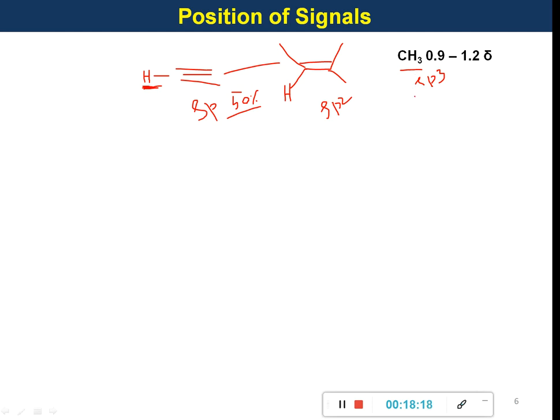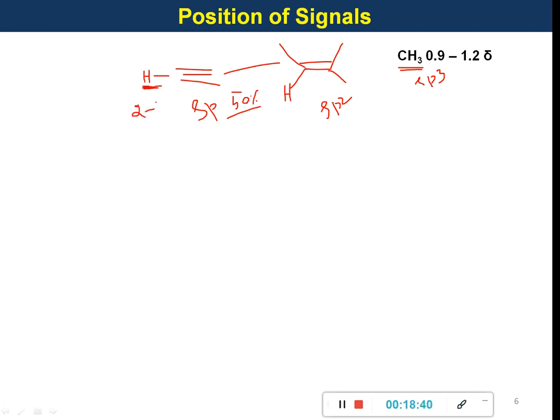However, if you compare the chemical shift values of alkane, alkene and alkyne, the order is different. The sp3 hybridized proton is observed at 0.9 to 1.2 delta.